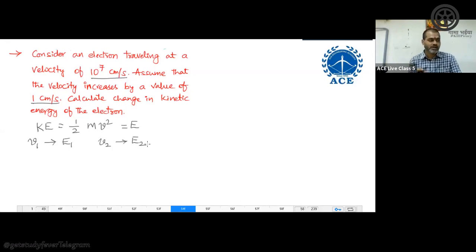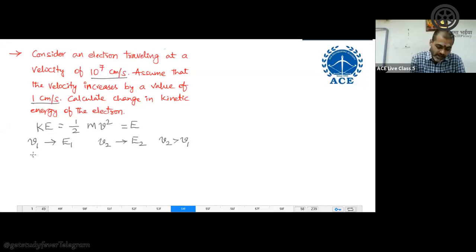Since the velocity is increasing, v2 is greater than v1.